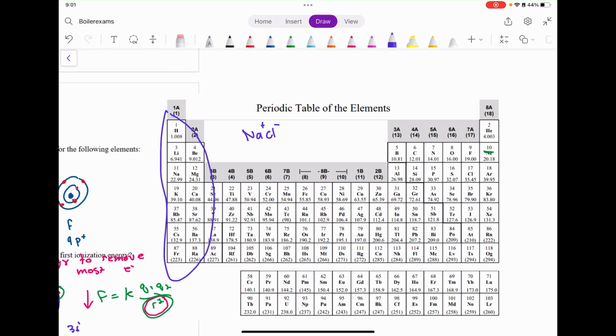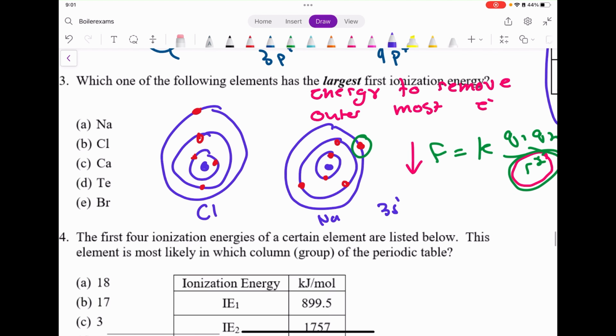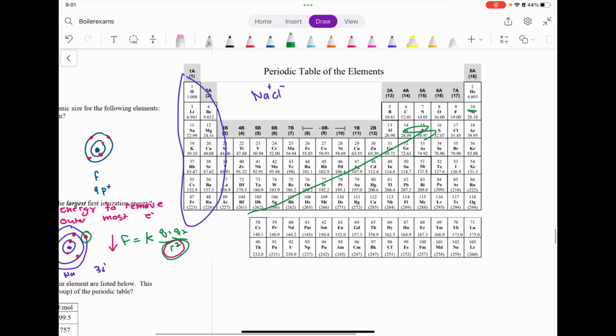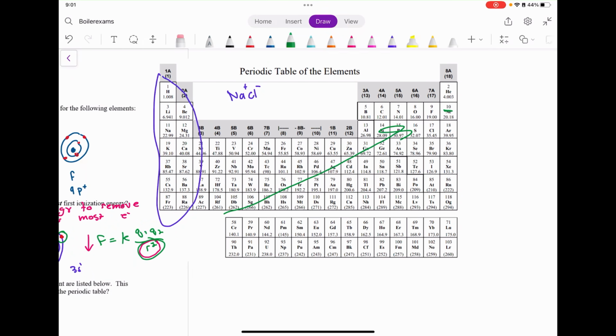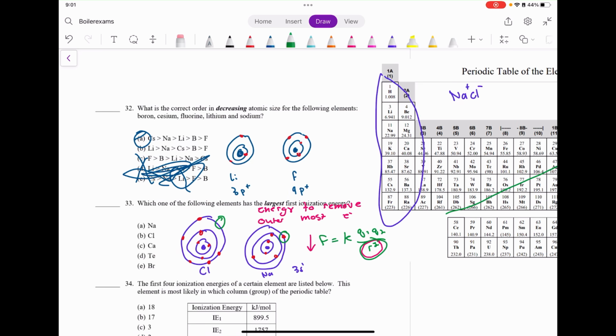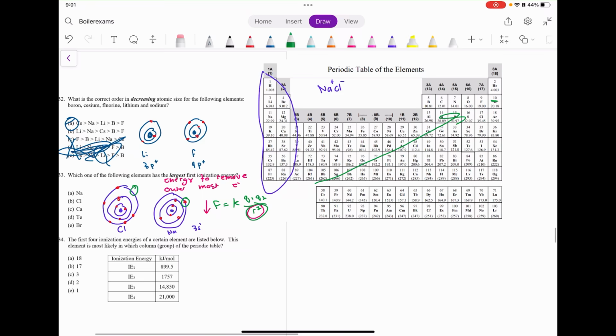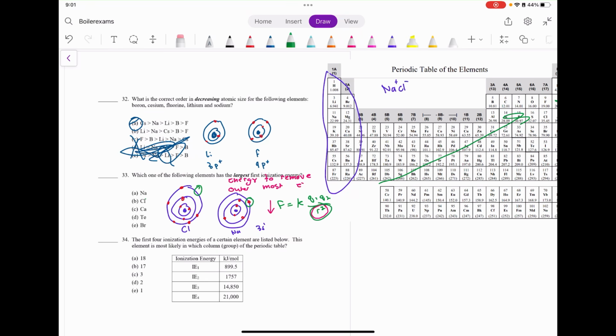It's really weakly attached, as opposed to chlorine, which has 7 electrons in that outermost shell, and it's got like one perfect gap where it can accept an electron really easily. So the atoms going up in that direction have really high ionization energies. So of these choices, I erased all the choices, but chlorine's definitely the highest.